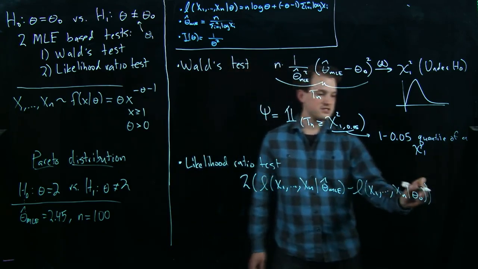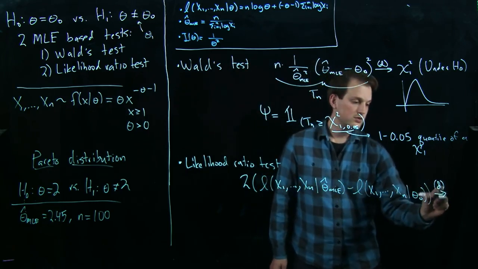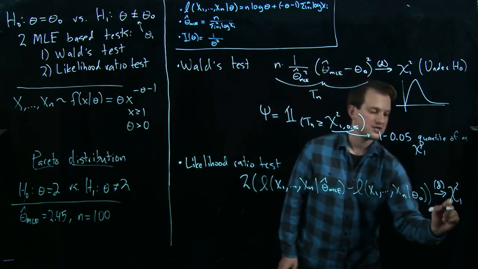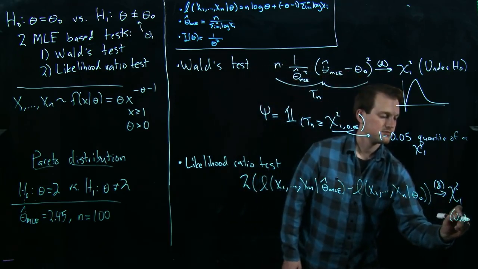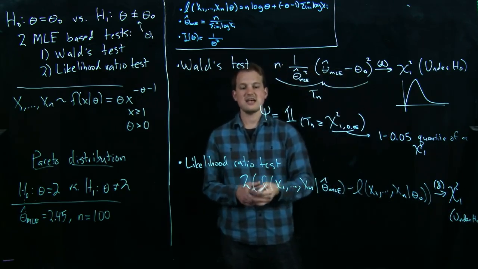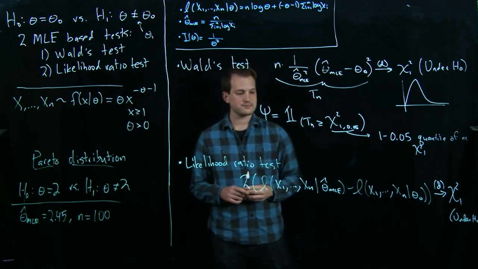And again, this converges in distribution under the null hypothesis to a chi-squared 1 distribution, right? Again, under h naught. So given that h naught is true and data is generated from h naught, this converges to a chi-squared 1.